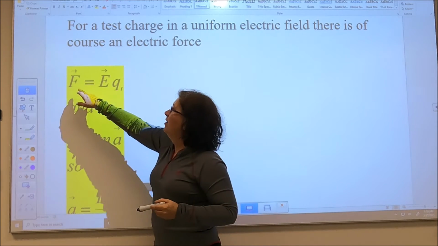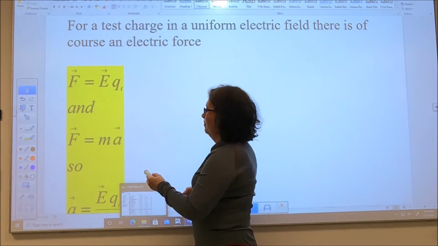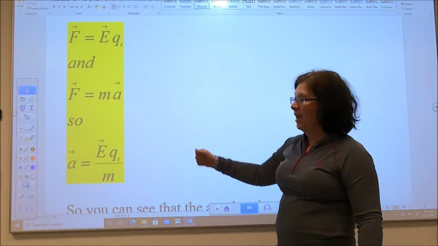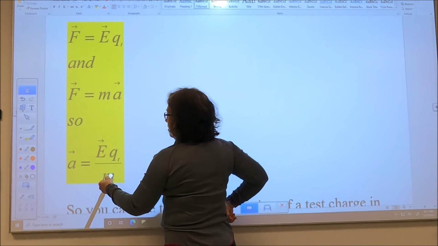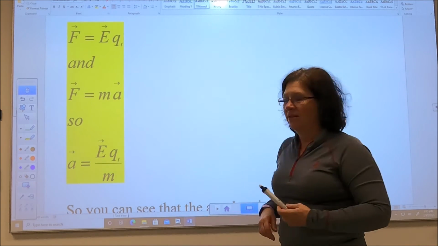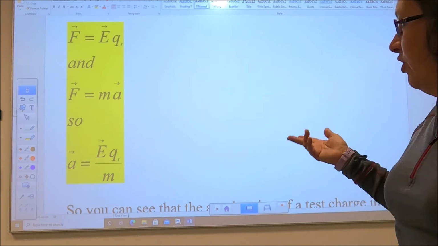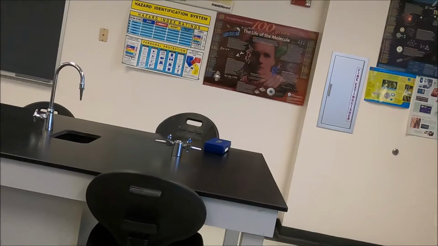Notice if it's positive, it points in the same direction as E. If it's negative, it points in the opposite. And we know that force equals mass times acceleration. So if I combine these two, the acceleration is equal to E, the magnitude of the charge and its sign, divided by its mass.